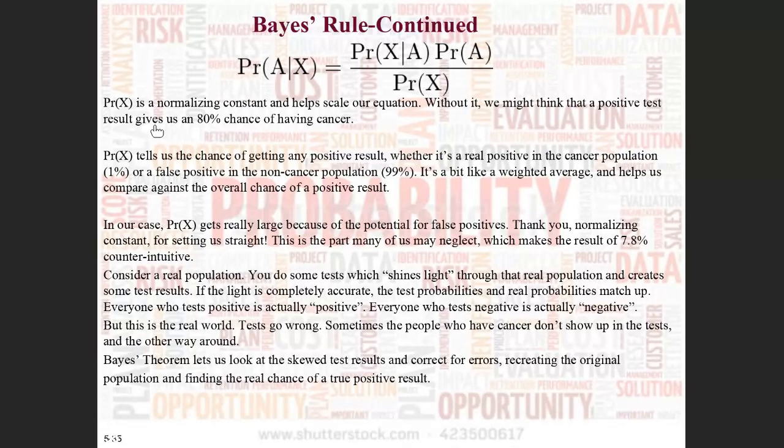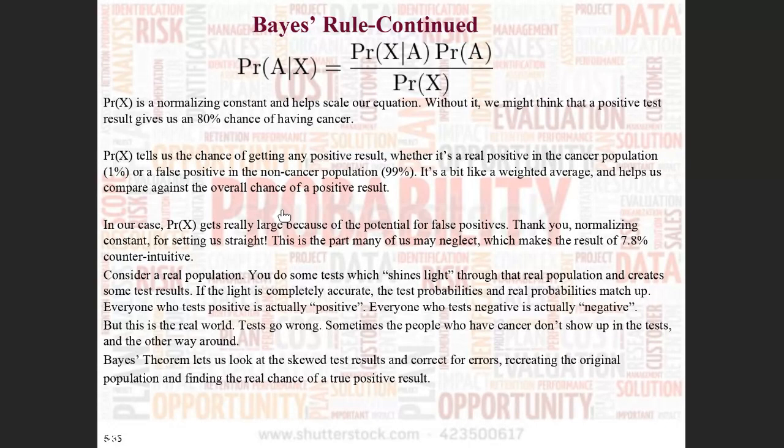All right. So the probability of X tells you the chance of getting any positive result, whether it's a real positive in the cancer population, 1%, or a false positive in the non-cancer population, 99%. So it's like a weighted average and helps you compare against the overall chance of a positive result.